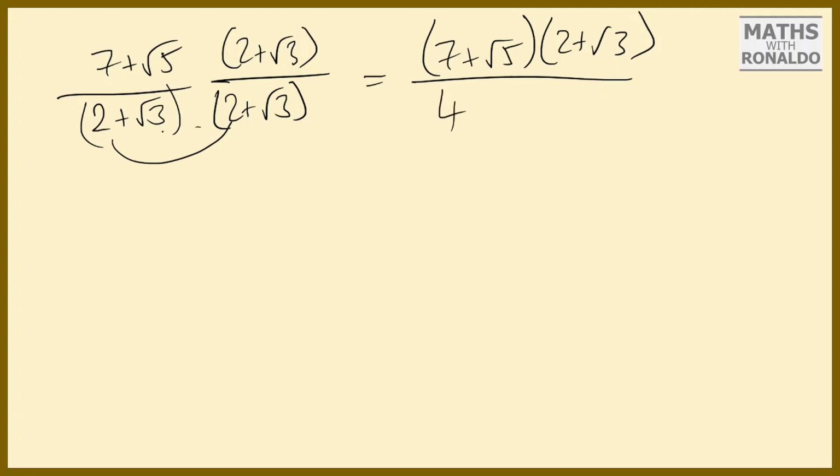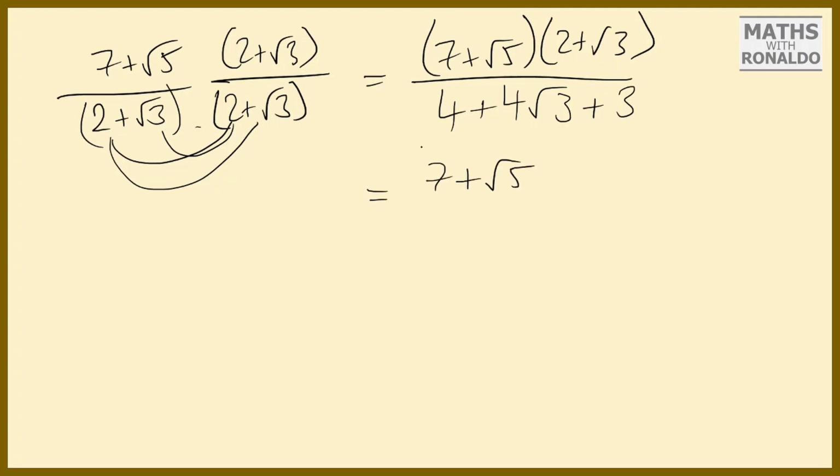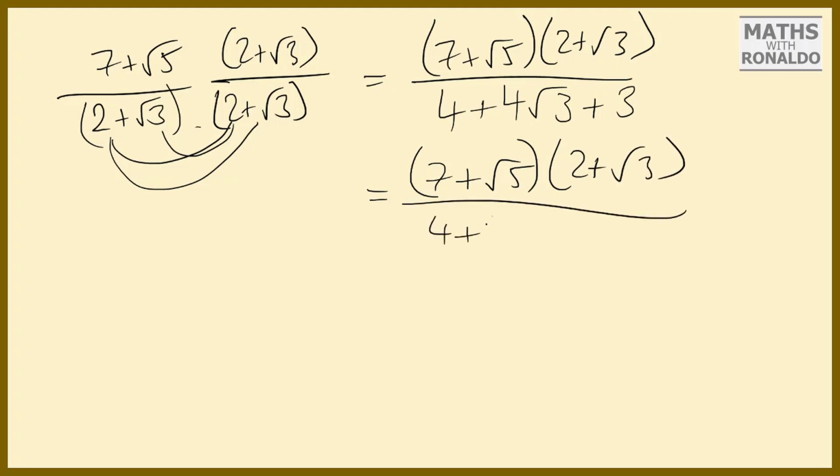Then we do 2 times root 3 and another 2 times root 3, so that is 4 root 3, and the last two terms root 3 times root 3, which is 3, and then we see that we get 7 plus root 5 over 2 plus root 3 over 4 plus, in fact we can say 7 plus 4 root 3.